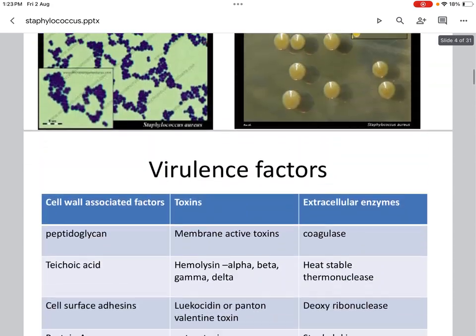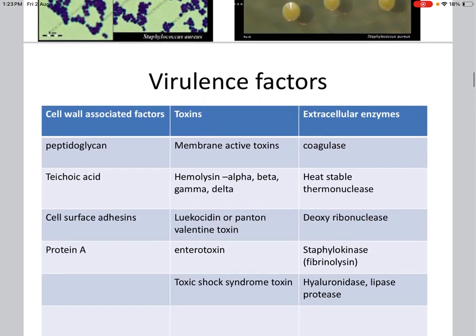So I repeat once more. The virulence factors of staphylococcus include cell wall associated factors. In cell wall associated factors, we have peptidoglycan, teichoic acid, protein A, and cell surface adhesins. The second virulence factor is toxins, which include membrane active toxins, leucocidin and enterotoxin.